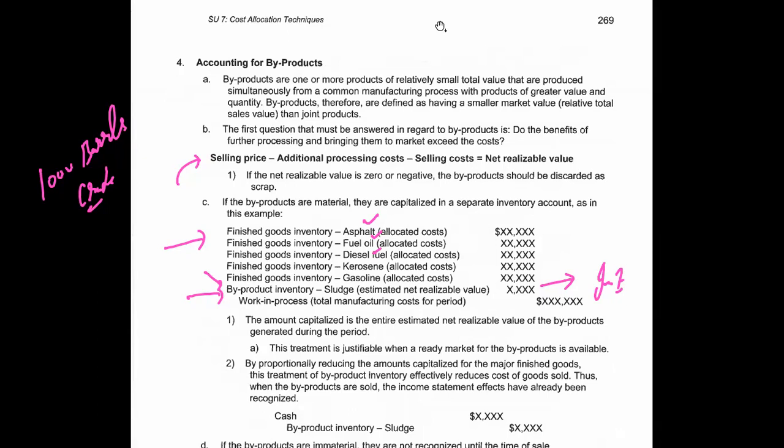Another treatment, students, we can discuss here on the board, in case we don't have a clear estimate about the value of the byproduct. In that case, we don't record it as inventory. And whenever we sell this byproduct, we pass this entry: cash debit, and either we reduce our cost of goods sold or we record it as miscellaneous revenue.